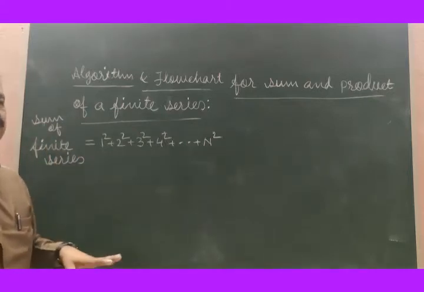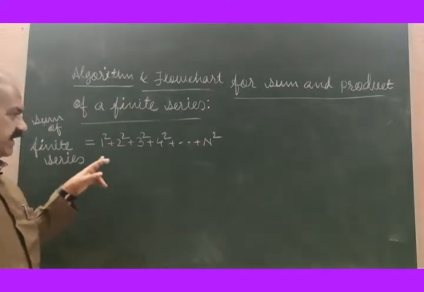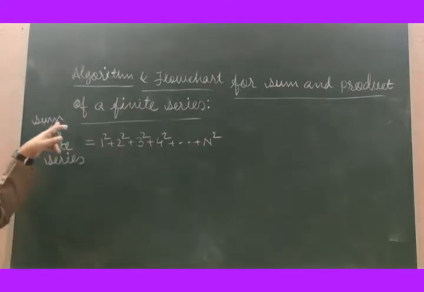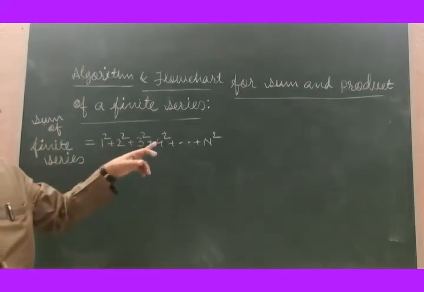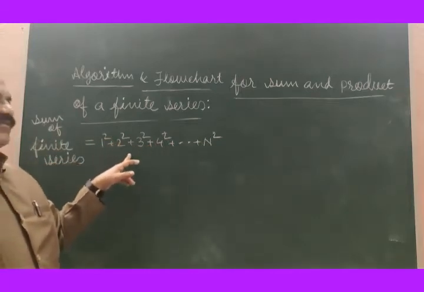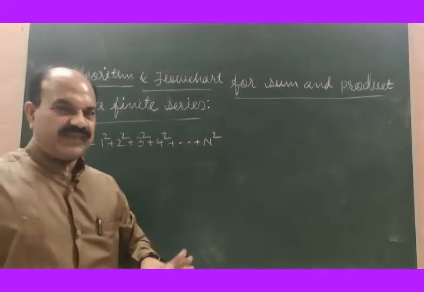Let me consider a series such that this is the sum of a finite series: 1 square plus 2 square plus 3 square. So, it is a series of integers. What is this?